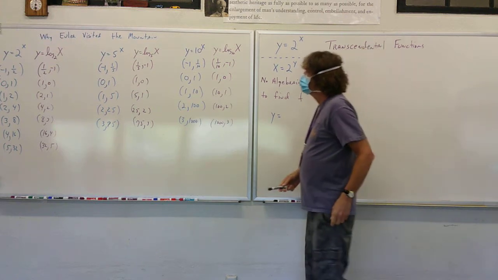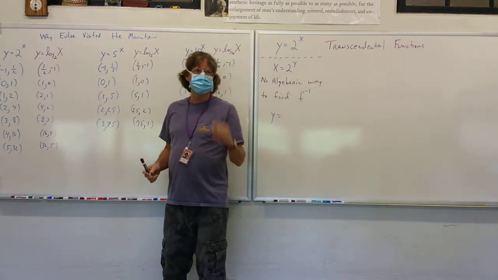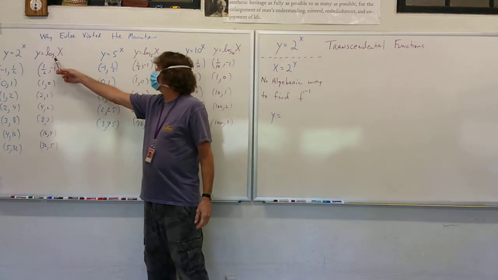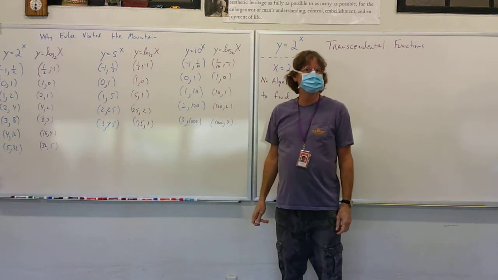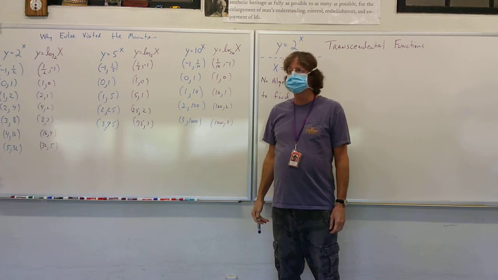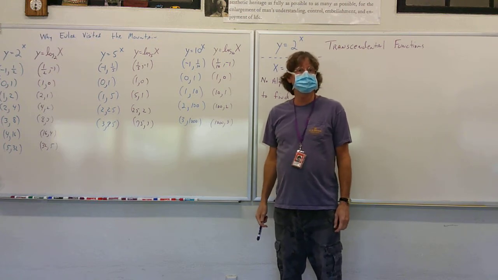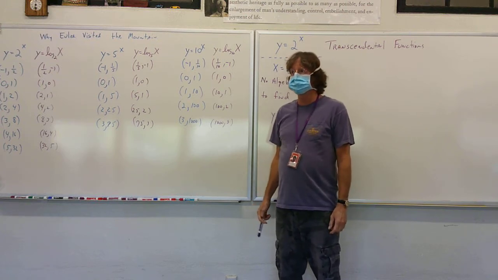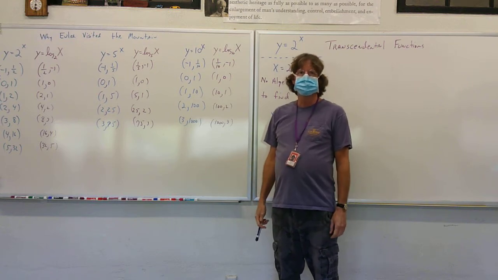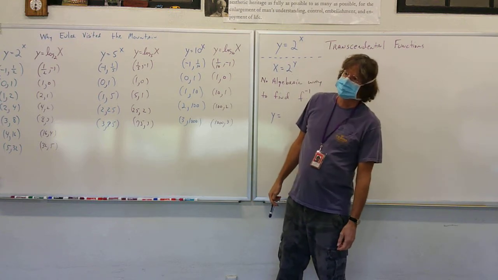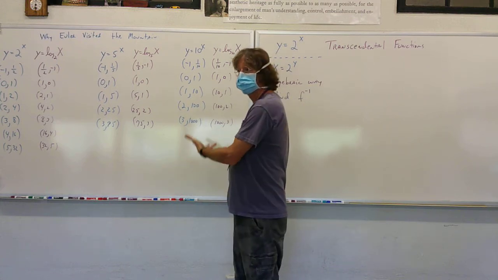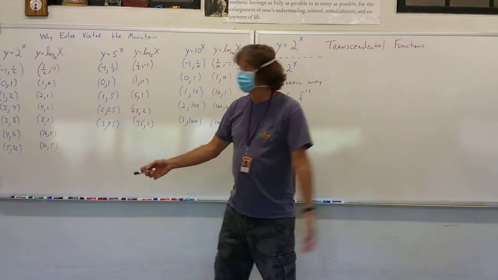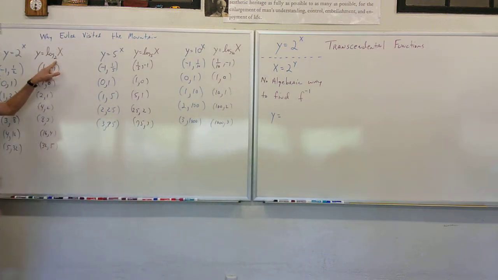So, do you now know why when you talk about logarithms, you talk about logarithms of different bases? Because the base tells you what? It's telling you it's the inverse of which exponential function.